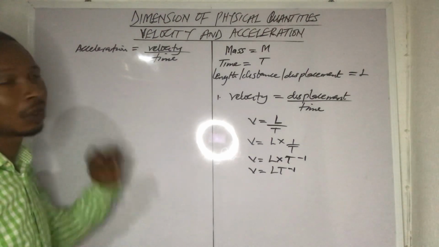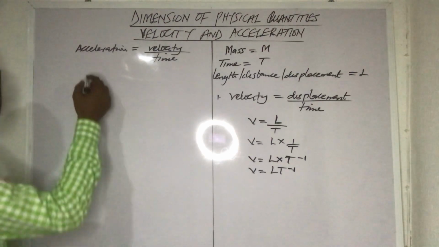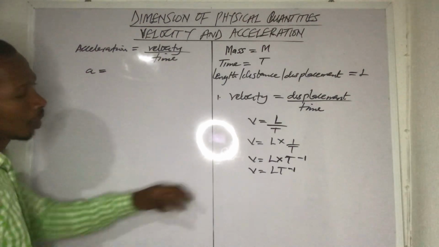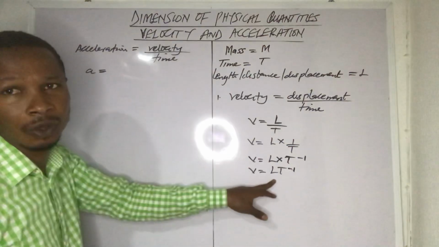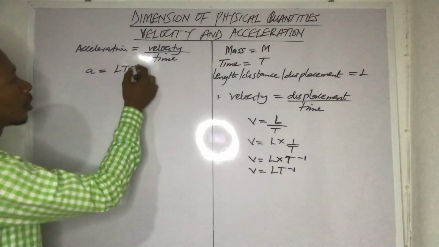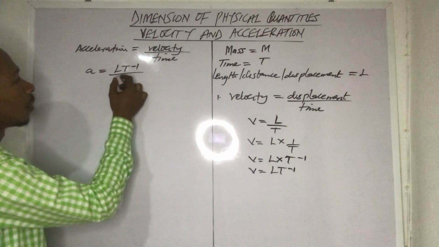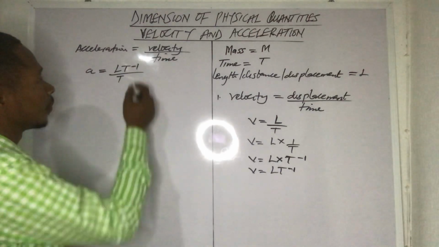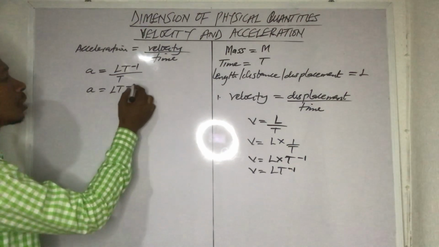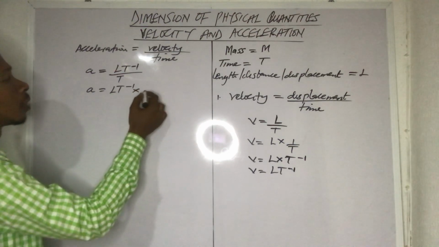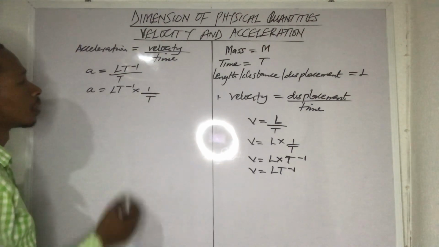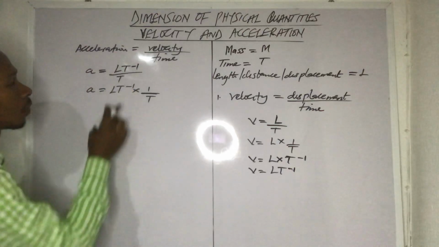If acceleration is velocity over time, it means that acceleration A is equal to velocity, which is LT raised to power minus 1, everything over t again. If I write this in indices, acceleration is equal to LT raised to power minus 1 multiplied by 1 over t.